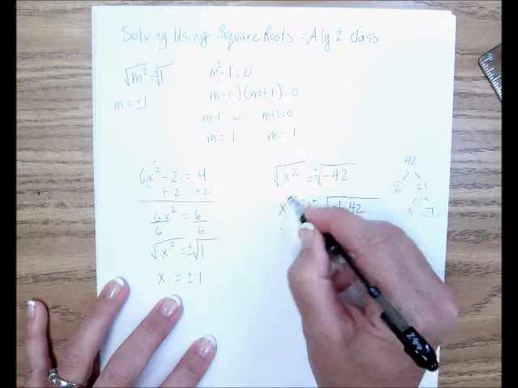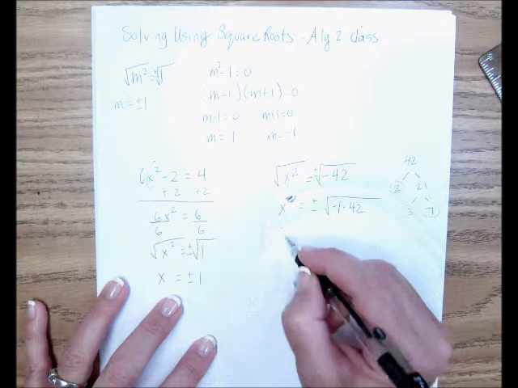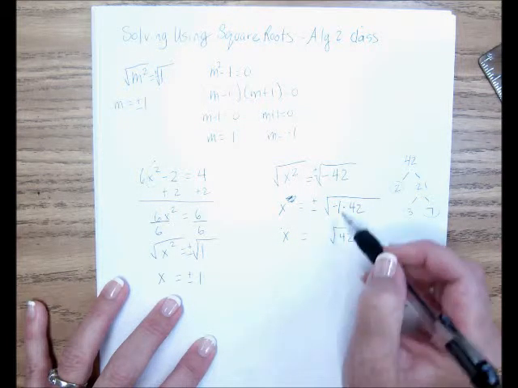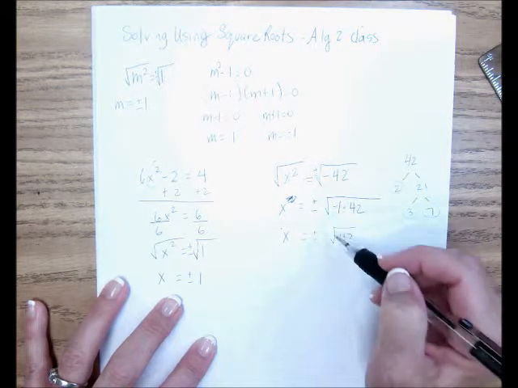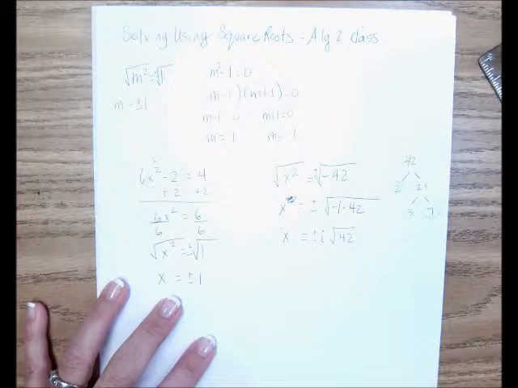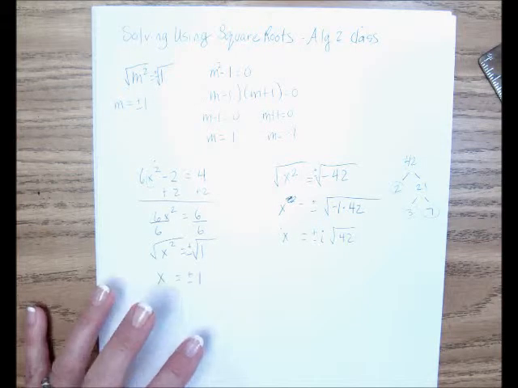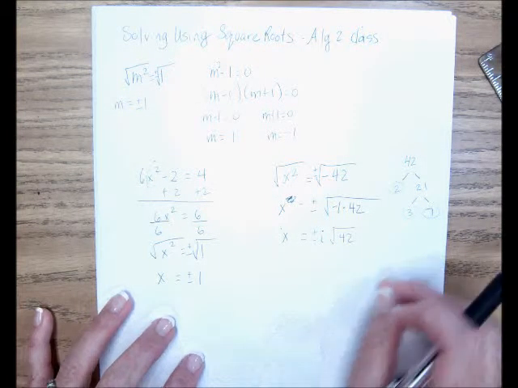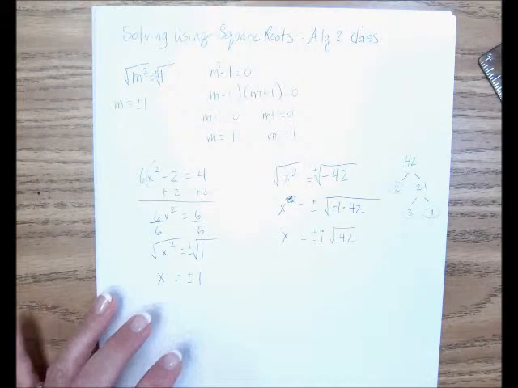Well, I know when I take the square root of x squared, I'm going to be left with 42 under the radical. But what is the square root of negative 1? The square root of negative 1 is i. So this is my answer. x is equal to plus or minus i times the square root of 42.